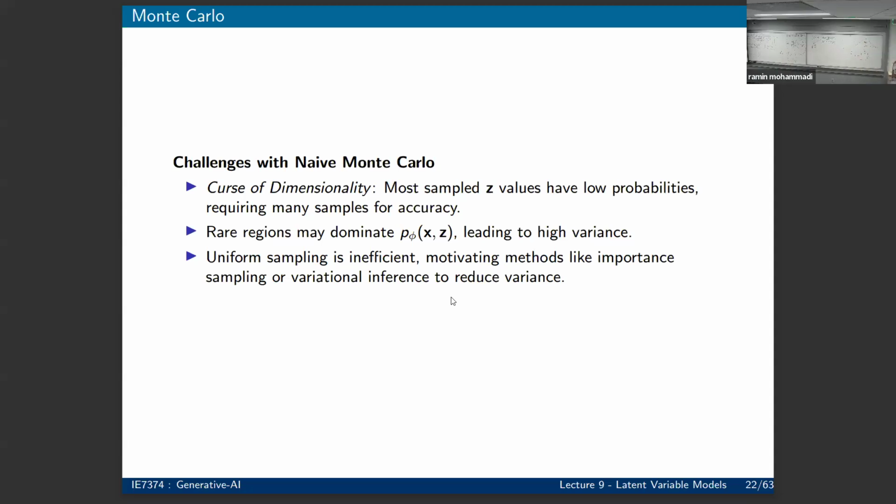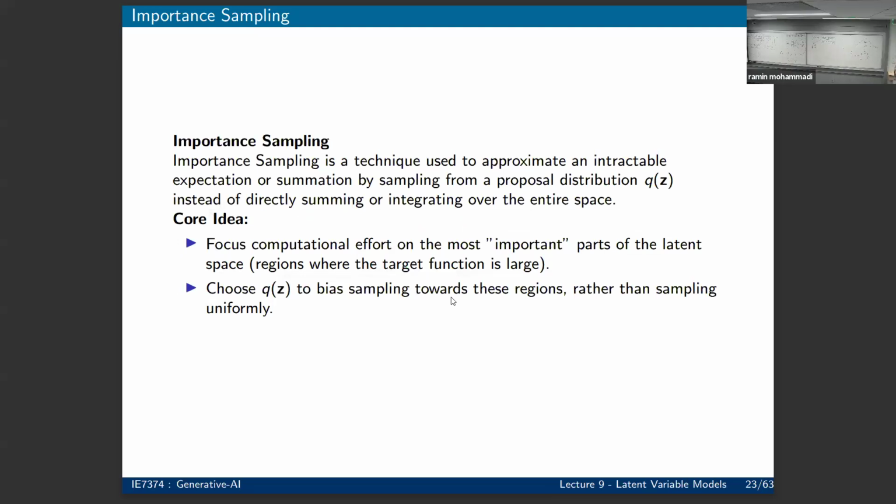Right? We still have time. So that's where the next thing comes in, and that becomes importance sampling.